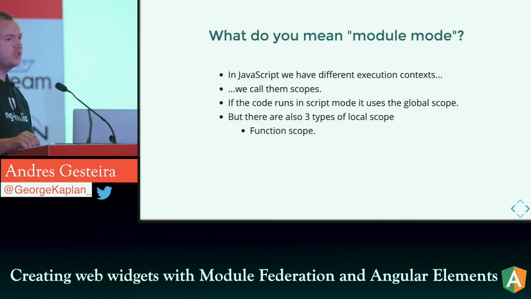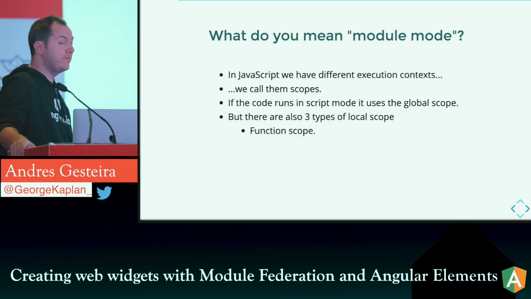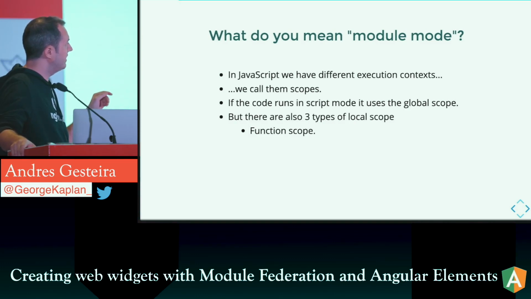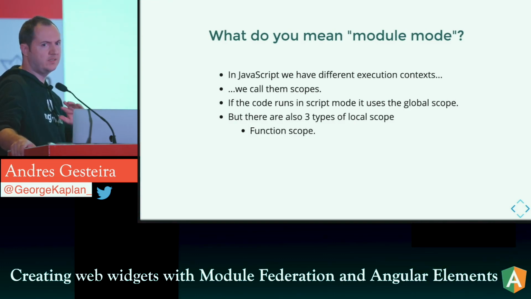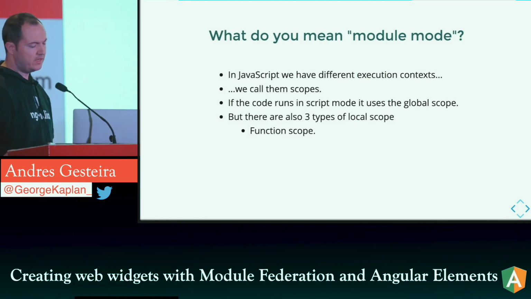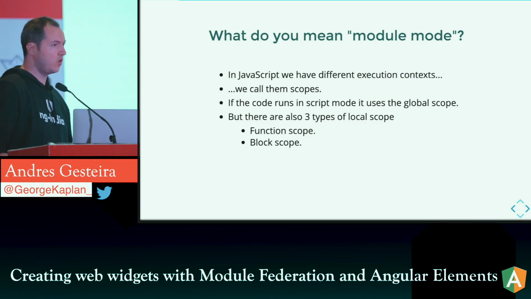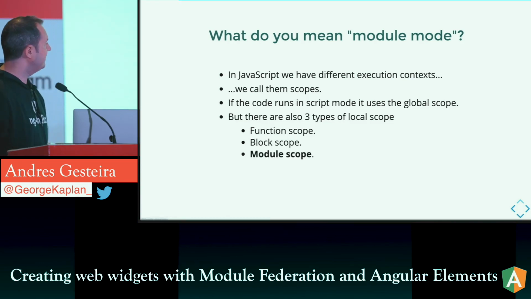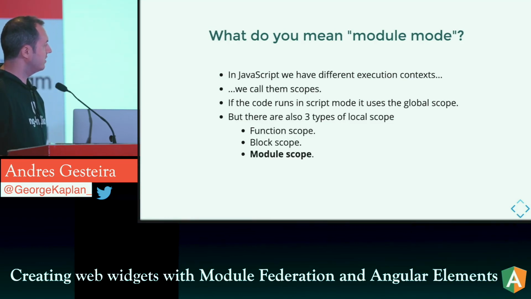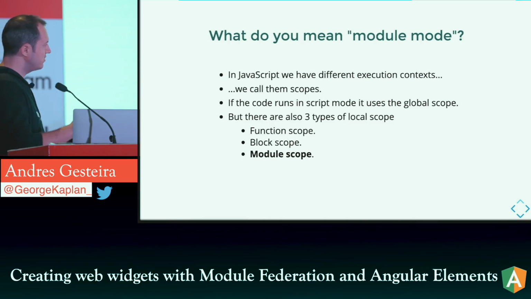The first one is the function scope, and actually, if I'm not mistaken, in the past there were only global scope and function scope, and that was it. But now there are three local scopes. One is the function one, then there's the block scope for the variables, and then there is the module scope. So a module takes its own scope into play.